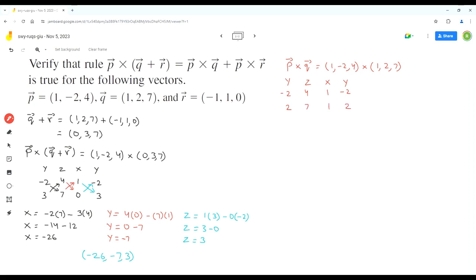Now we can do the cross multiplication. So let's start with the x component. So we start with -2 times 7. Now we can find the y component.